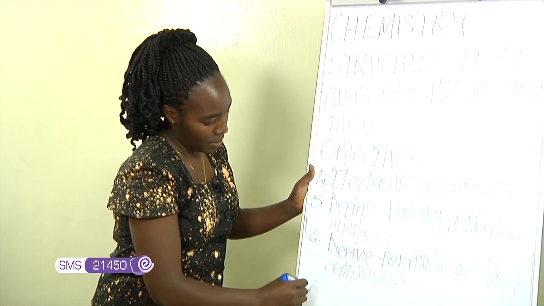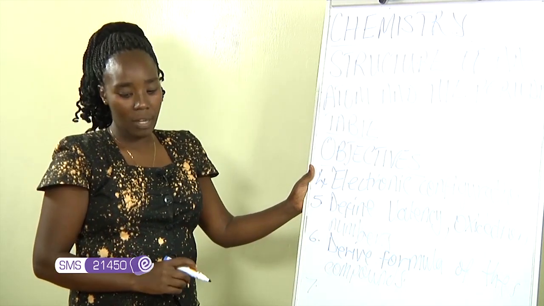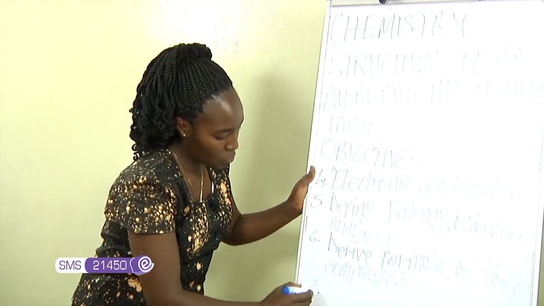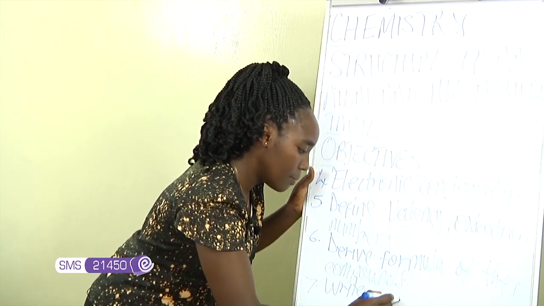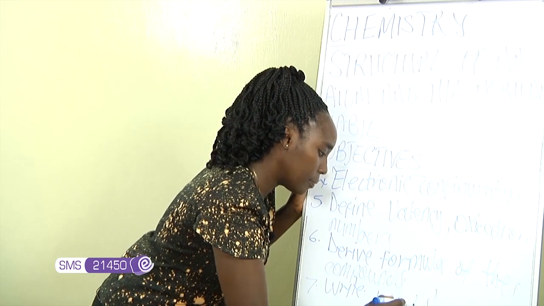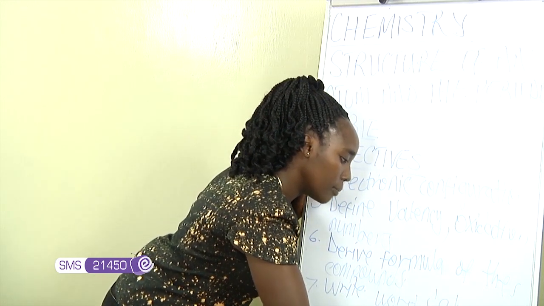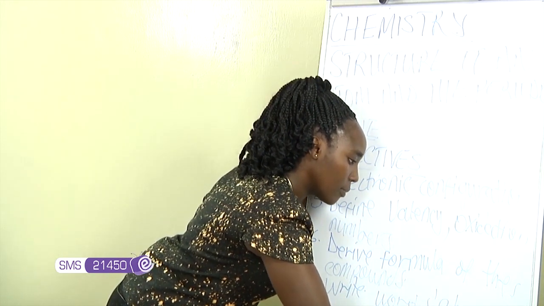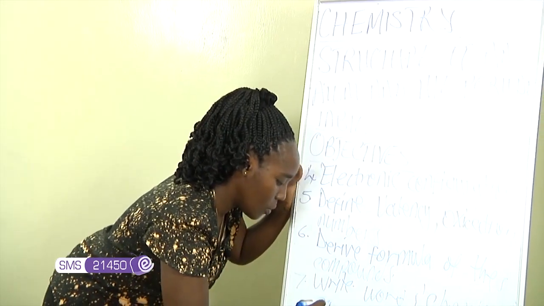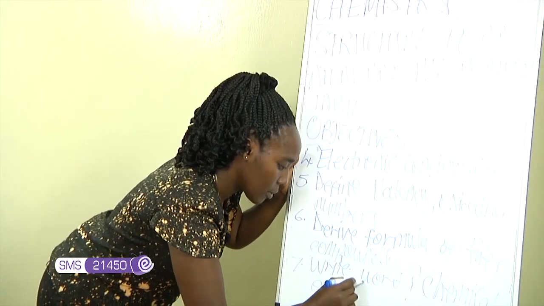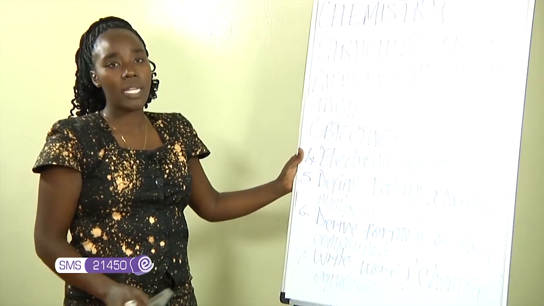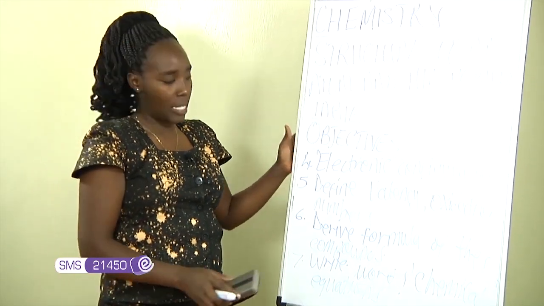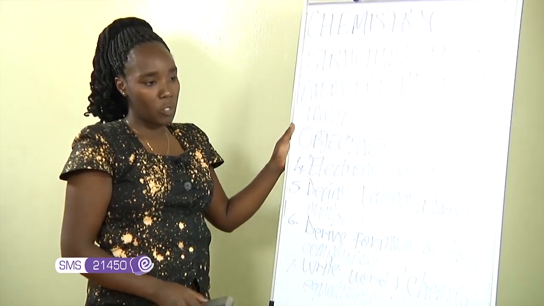And finally, number 7, we also need to have understood or be in a position to write word and chemical equations, which should be written and be well balanced depending on the valencies that we will have learned from the topic.